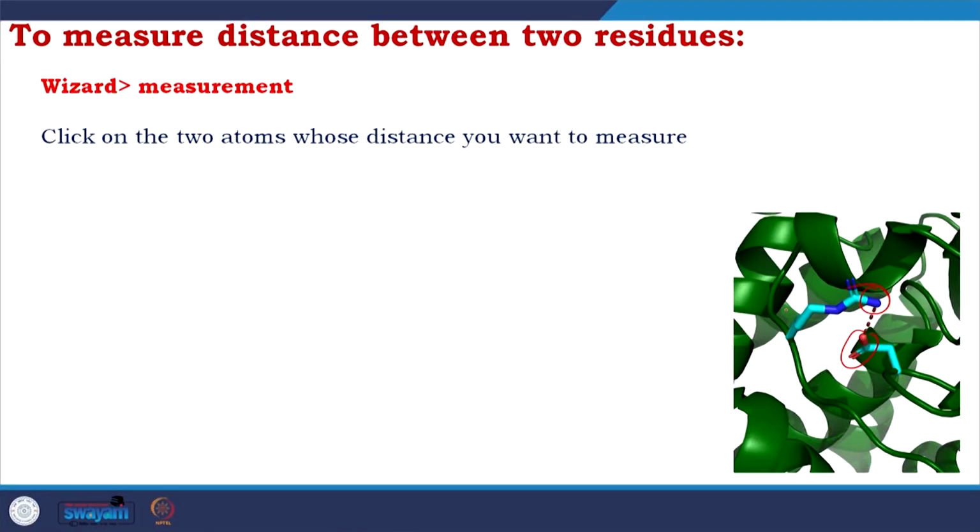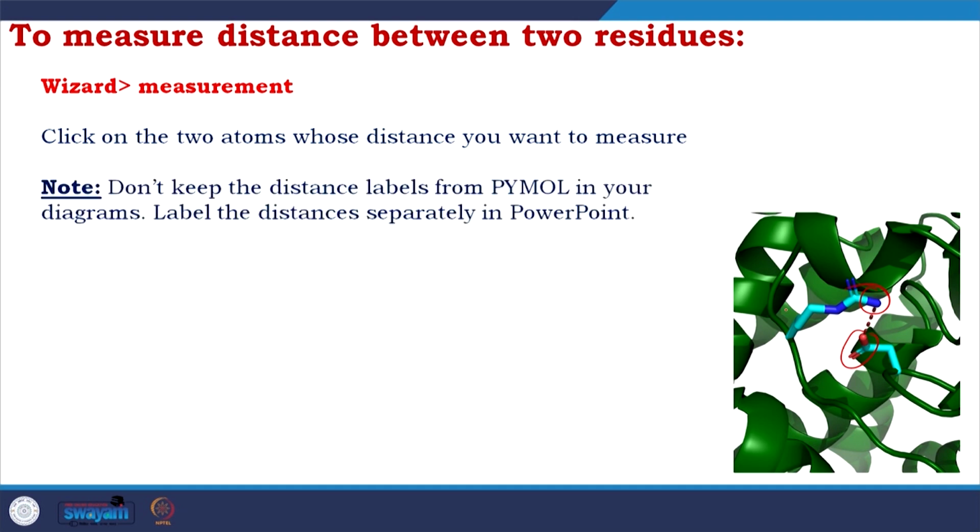So, with the measurement wizard, what is happening? You have to click on the two atoms whose distance you want to measure. Now, you have to remember not to keep the distance label from PyMOL in your diagram; label the distances separately in PowerPoint. Why? Because you measure it, but you do not label it. If you label it in PowerPoint, then you would have control of changing them whenever you want.